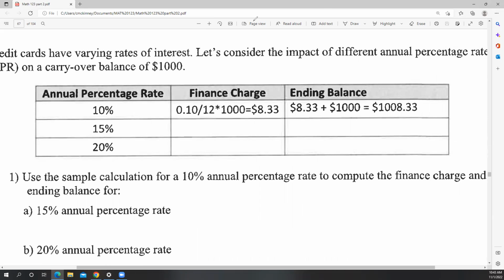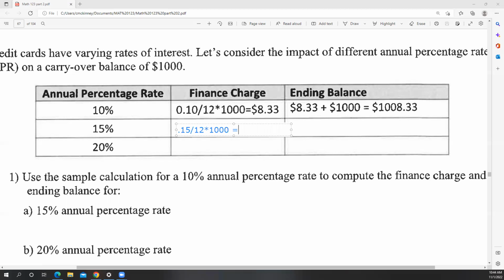So if it's 15%, then we know we need to change the percent to a decimal. But we're only doing 1 month, so we're dividing that by 12. Just leave that in your calculator, times, or put it all in at once, times the 1,000.